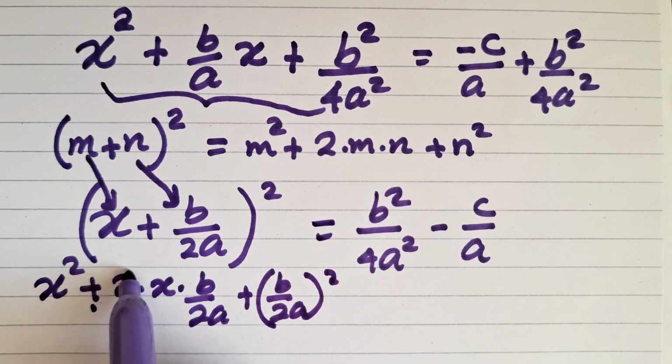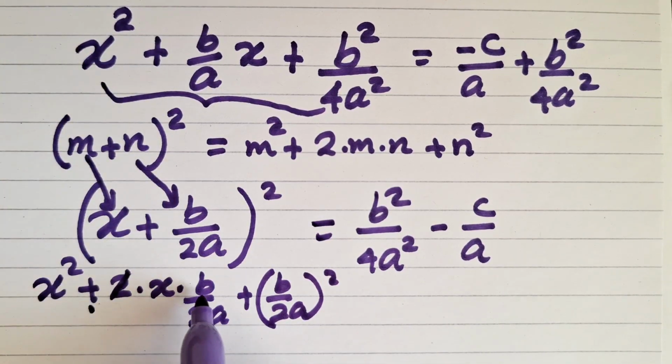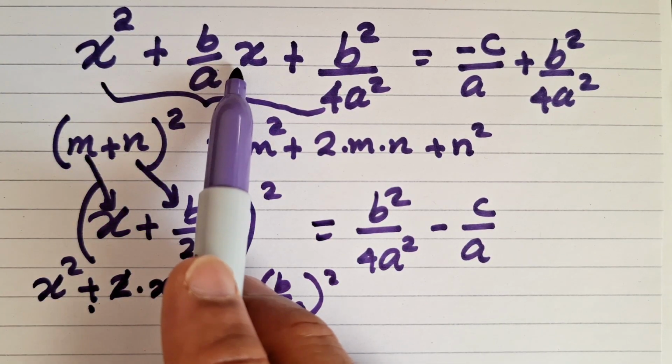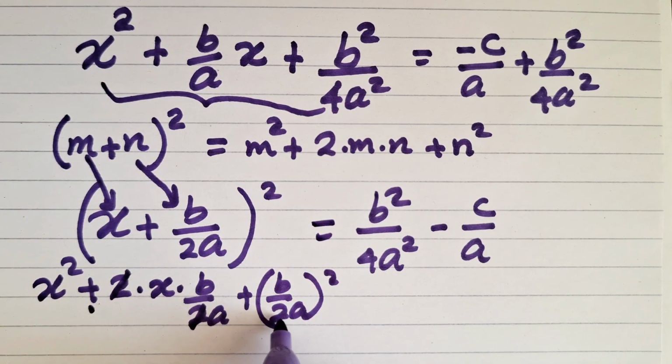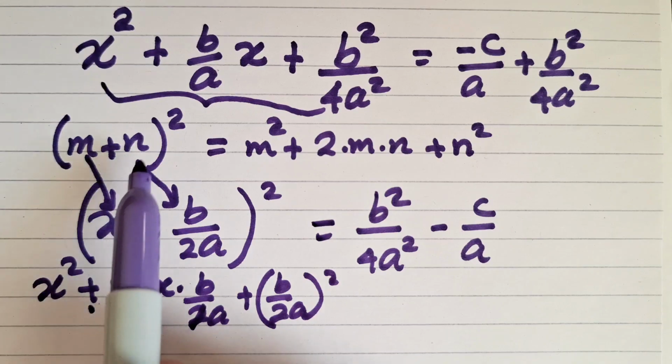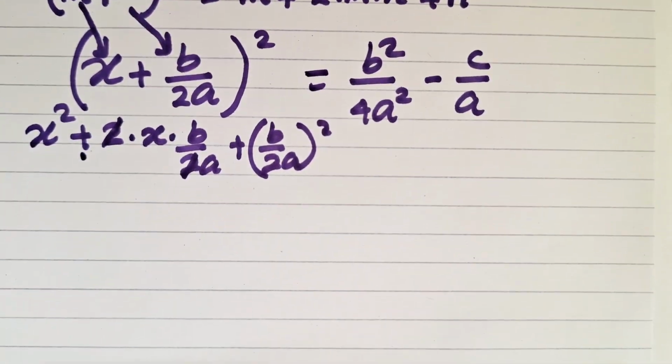So here 2 and 2 are going to be cancelled. We have x squared, we have b over a times x, we have b squared over 4a squared. So this is completely 100% correct.